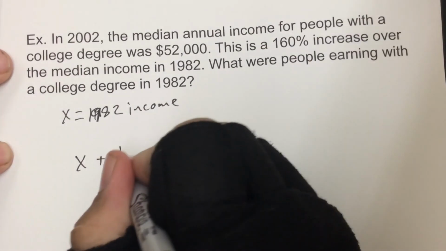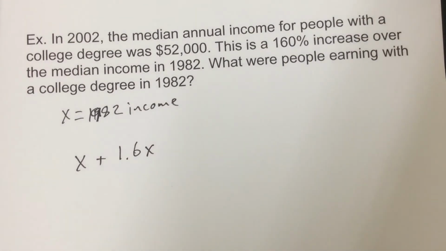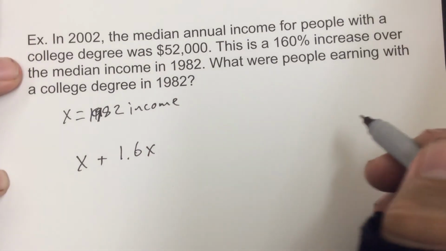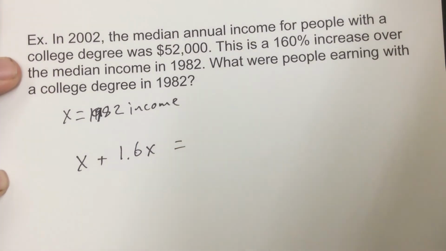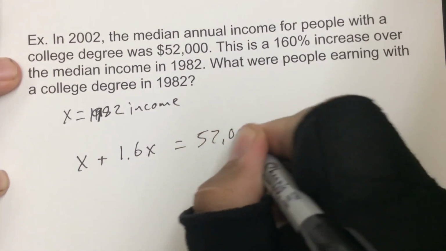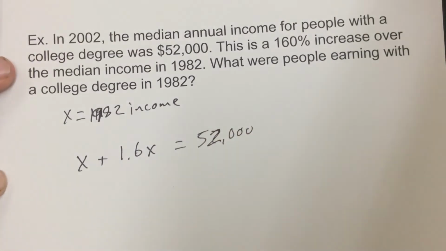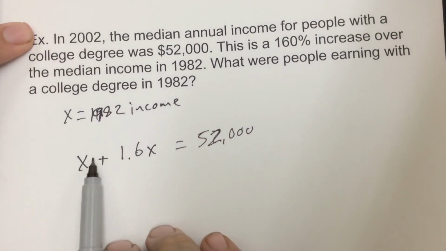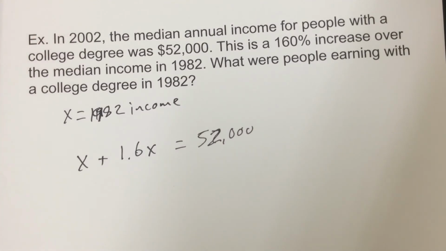So we add 1.6x, 160% as a decimal times our X, equaling our 52,000. So in 2002 it was whatever it was in 1982 plus 1.6 of that amount.